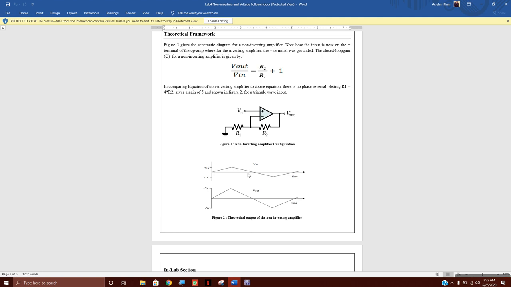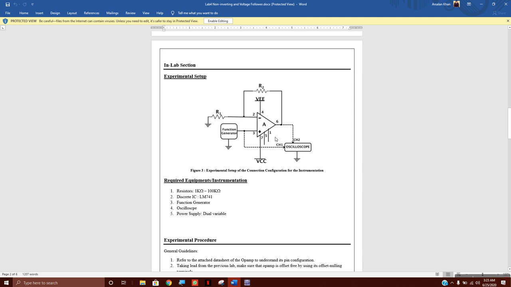You don't want to invert them, you just want the amplification. So that's what it is. In this lab we will simulate this. What do we have? A configuration. This is the schematic diagram.